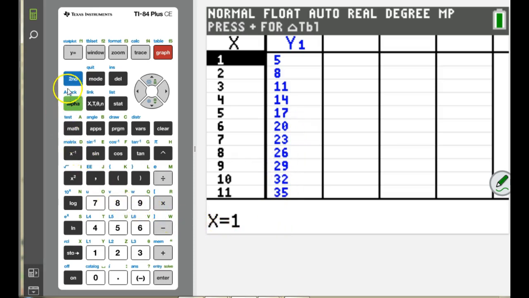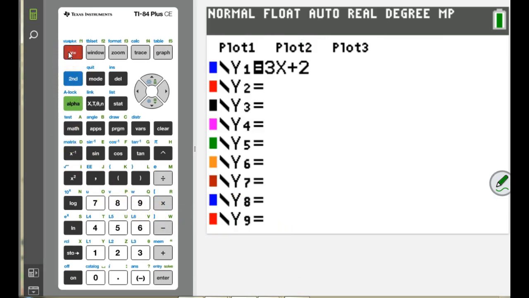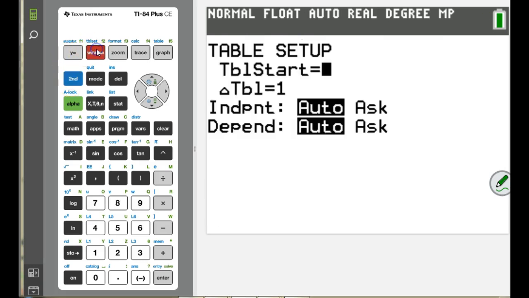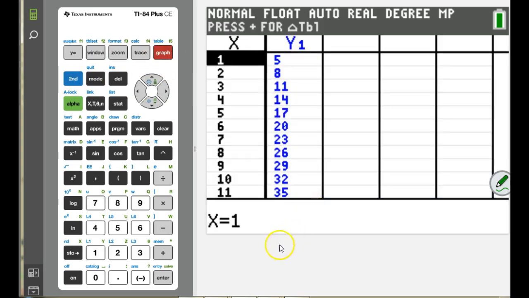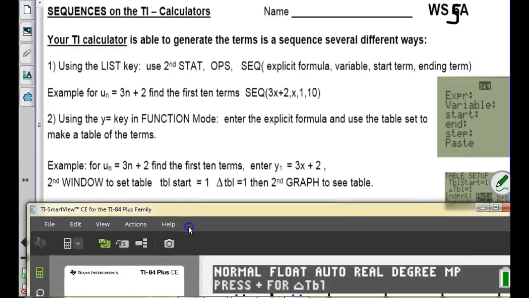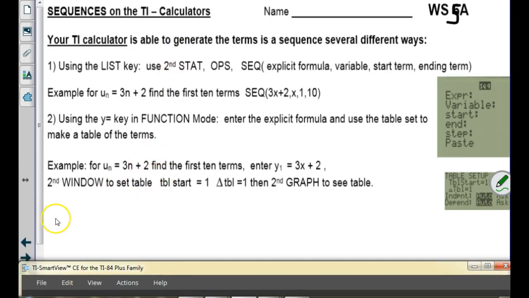Anybody need me to go back over any of that? Y equals, put it in, go to the table set, say I want it to start at 1 counting by ones, and then go look at your table, and there would be your sequence. Again, that only works when you have an explicit formula. So those are the first two things here.